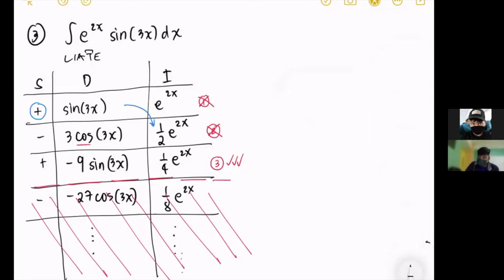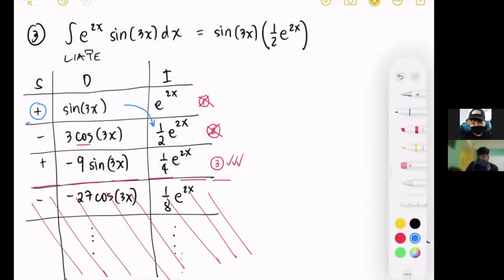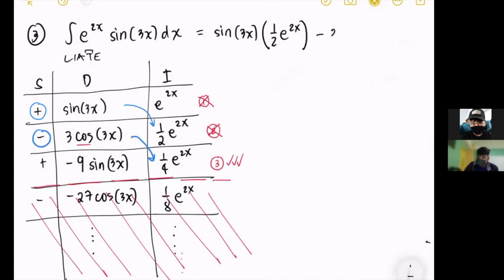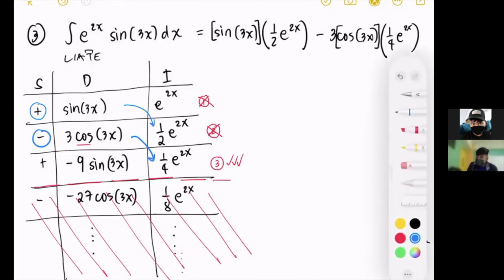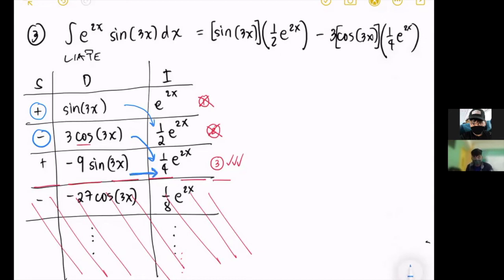And therefore, we have sine of 3x multiplied to 1/2 e to the 2x. Again, bababa na naman tayo pag ganito naman. So we have minus 3 cosine of 3x multiplied to 1/4 e to the 2x. So let me put square brackets para mas malinaw. And then for the last one, ang gagawin natin ay pag ganitong product from left to right.